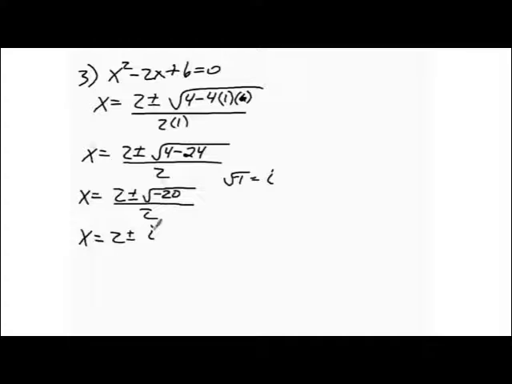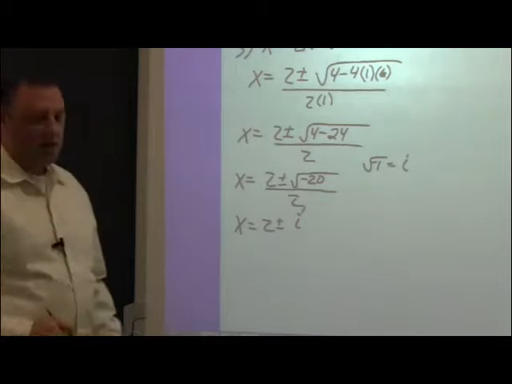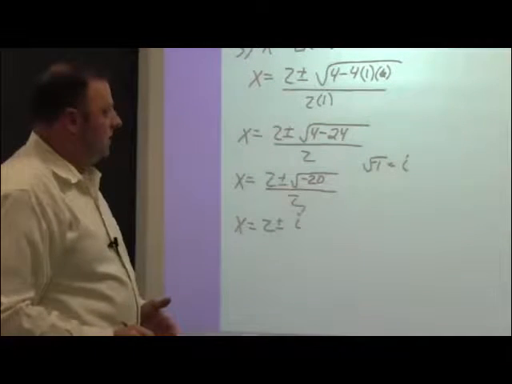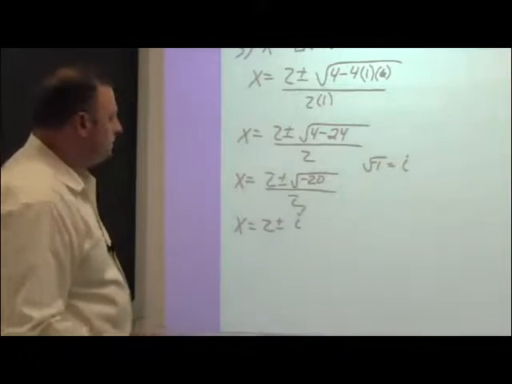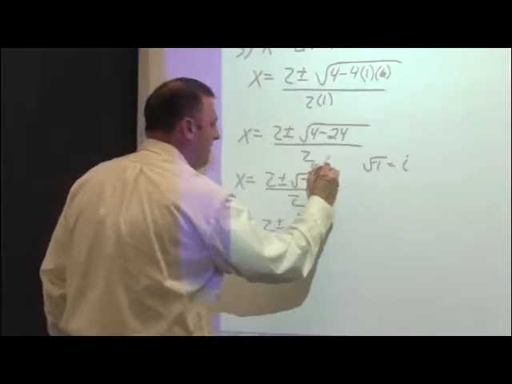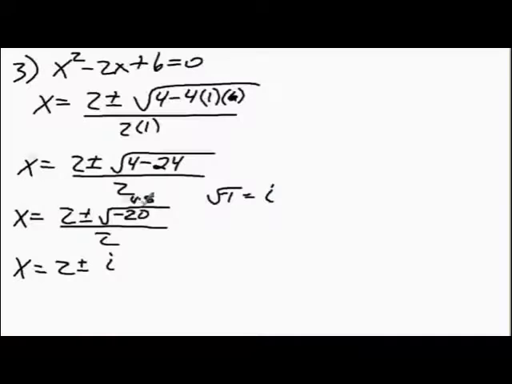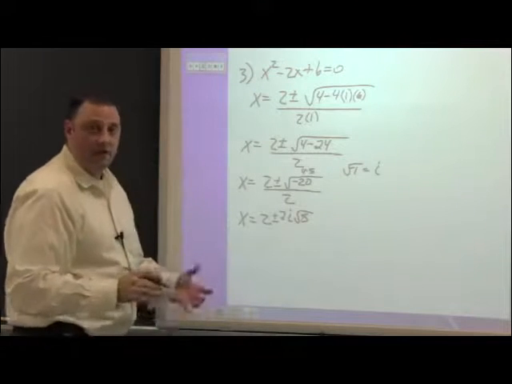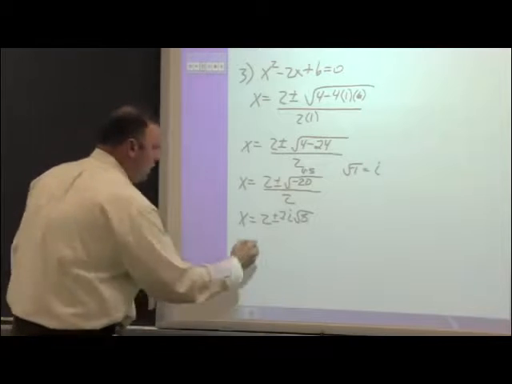And now we got to deal with that radical 20. When we talked about simplifying radicals in one of the lessons, we can take that 20 and write it as 4 times 5. Square root of 4 is 2, so I'm going to put that 2 here. We can't square root 5, so we're going to leave it inside. All over 2.